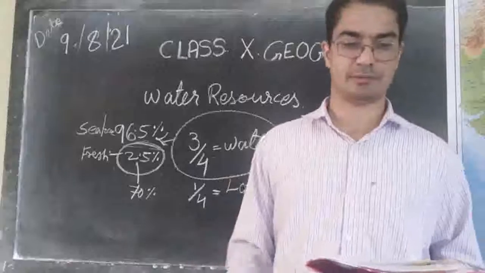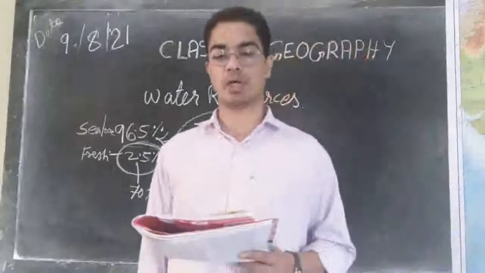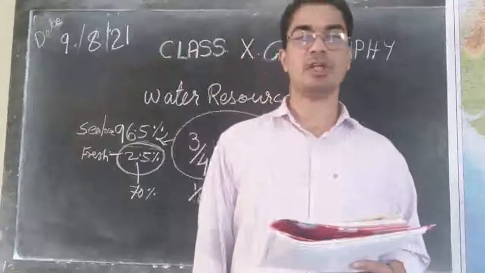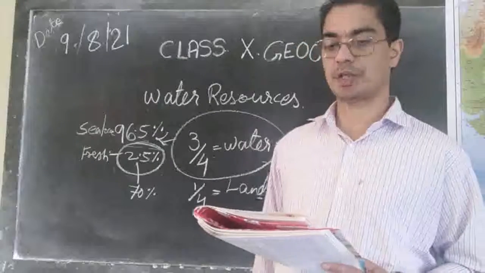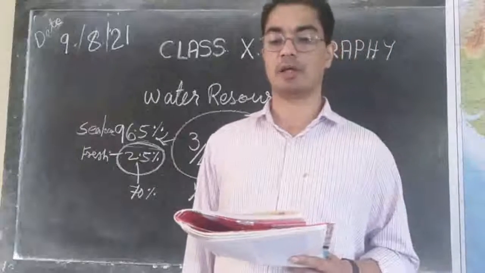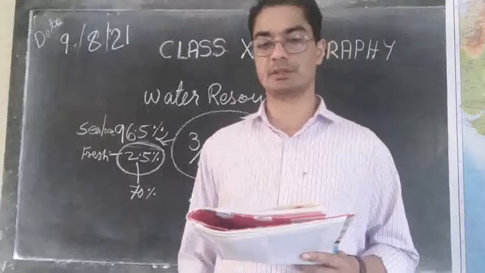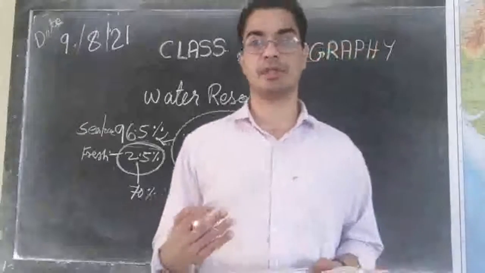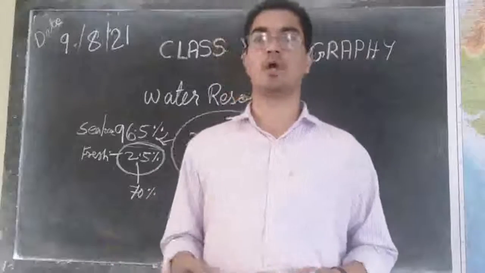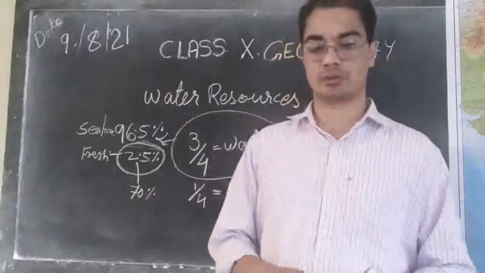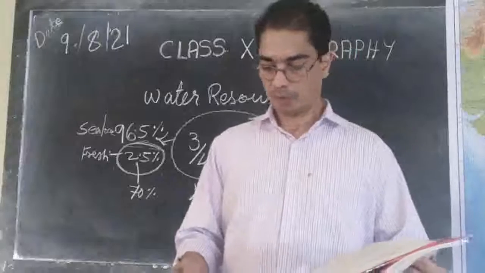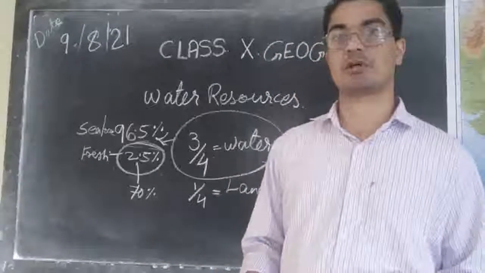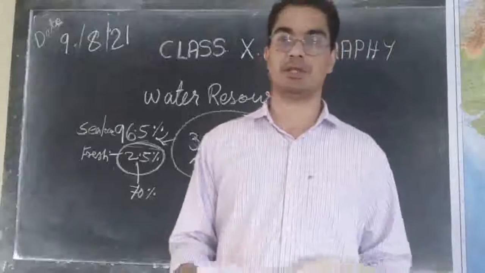That is what happened. And by 2025, it is predicted that large parts of India will join countries or regions having absolute water scarcity. Earlier we said the scientists predicted that by the year 2025, millions of people will be suffering from water scarcity.